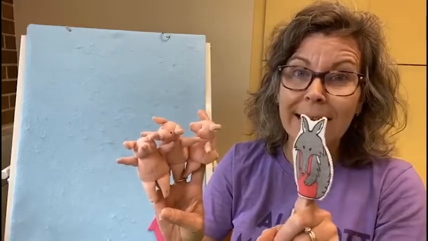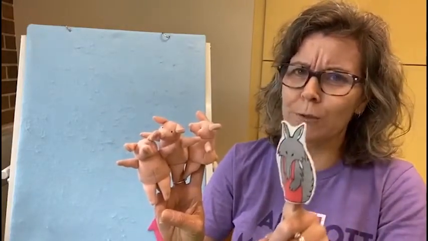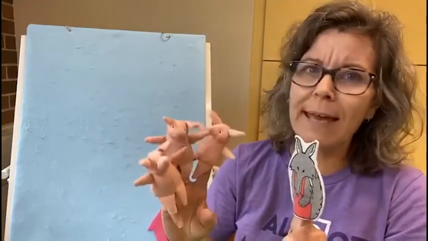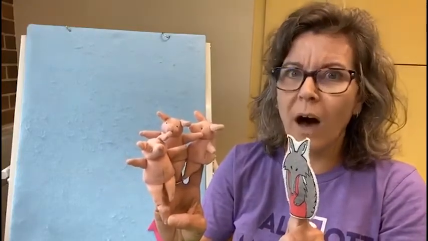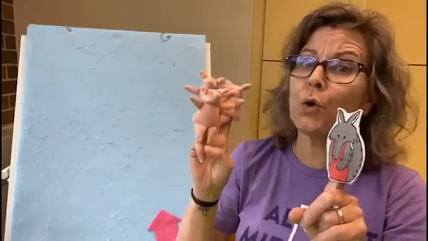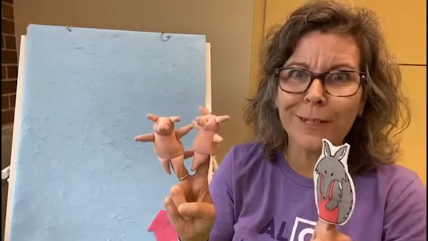Do you know what the wolf says? Little pigs, let me come in. And they said, not by the hairs on our chins. Then that old wolf huffed, and that old wolf blew, and whoosh, away 1 little piggy flew.